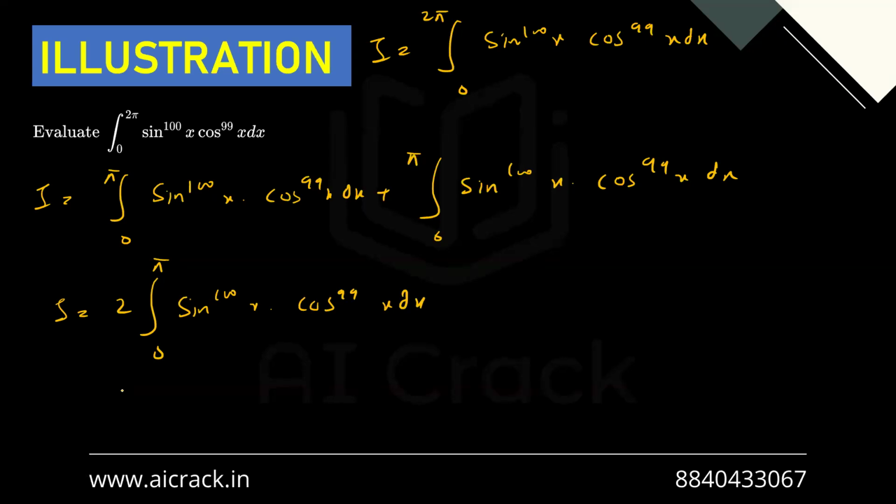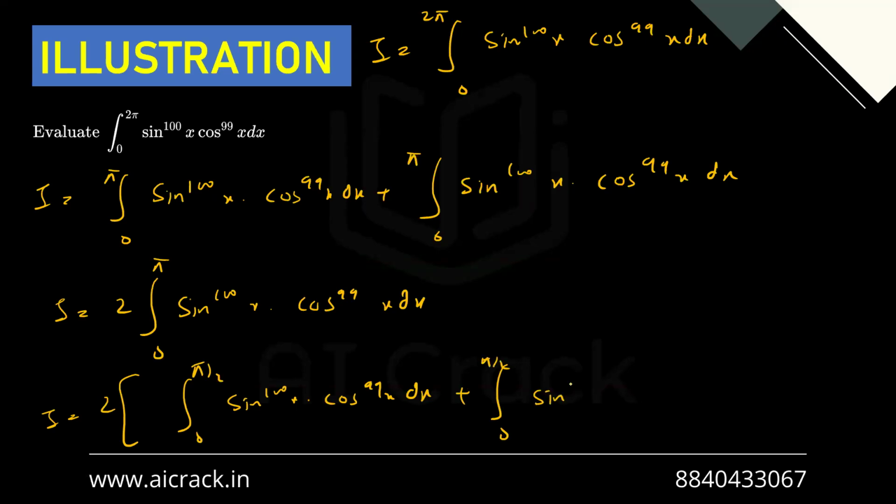Now if you apply property 6 once again, we get I equals 2 times integral 0 to pi by 2 sin^100 x cos^99 x dx plus integral 0 to pi by 2 sin^100(pi minus x) cos^99(pi minus x) dx.